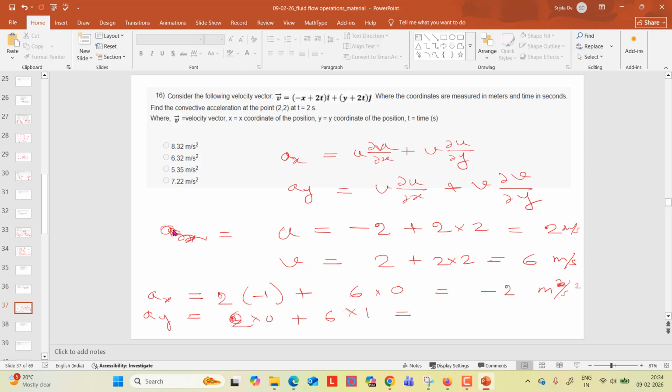So it is again 6 meter per second square.